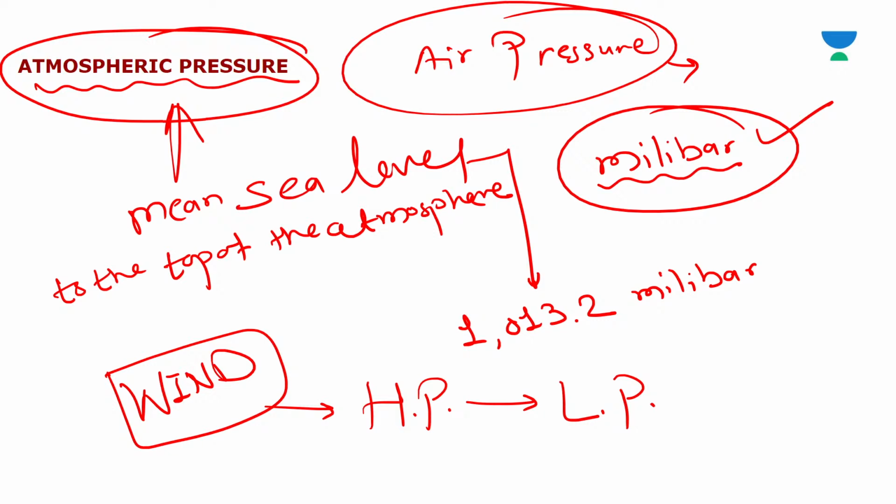Air pressure is measured with the help of a mercury barometer or an aneroid barometer. The pressure decreases with height, and at any elevation it varies from place to place, and its variation is the primary cause of air motion. That is wind, which moves from high pressure areas to low pressure areas.